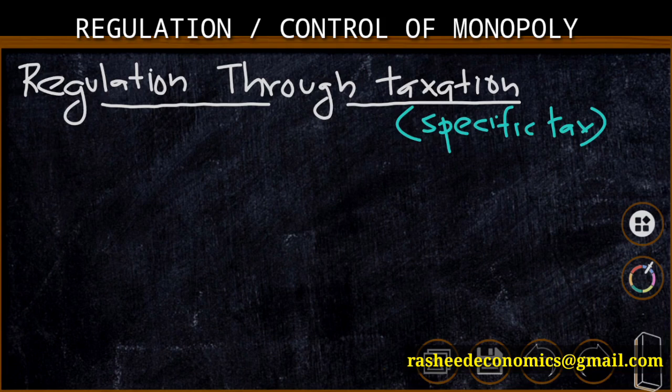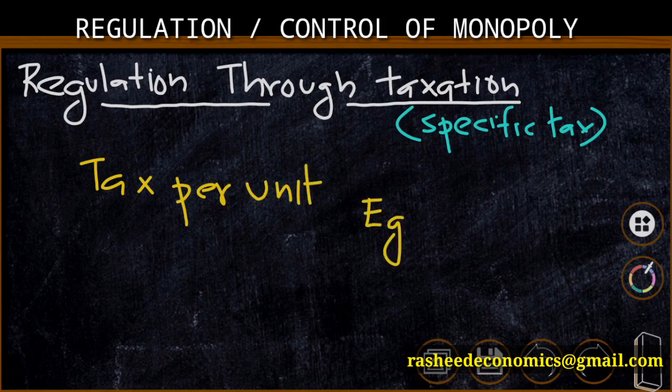A specific tax is a tax which is levied per unit of output, or it is the tax per unit. One of the best examples of specific tax is sales tax. Suppose the government is imposing sales tax, it is levied per unit of output.